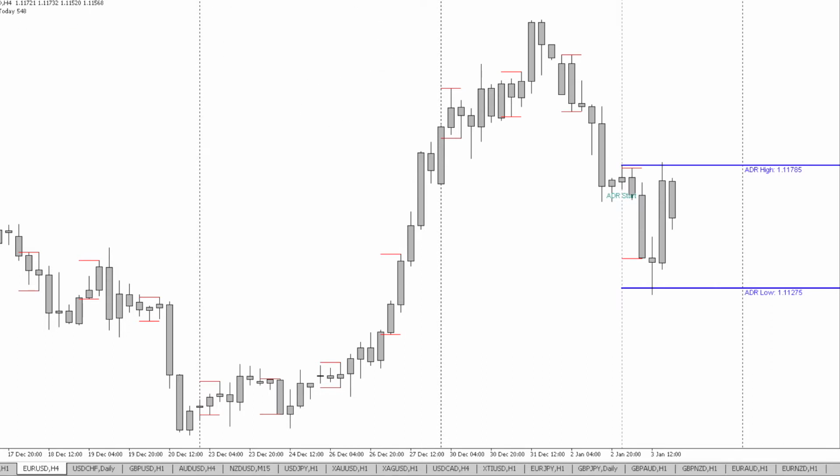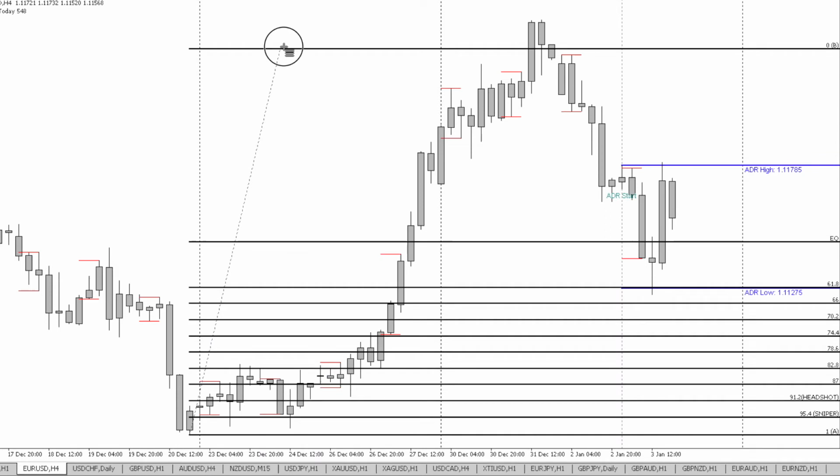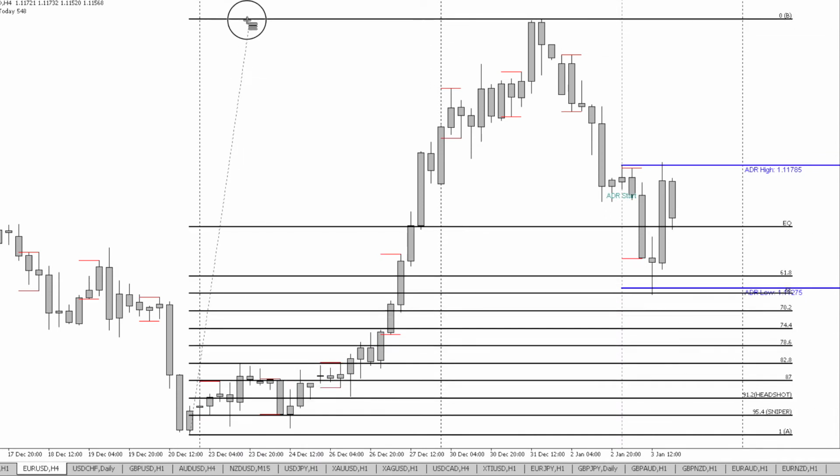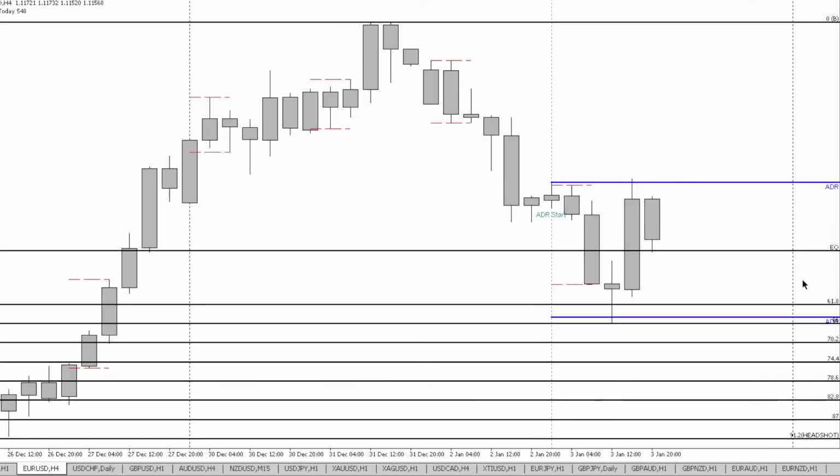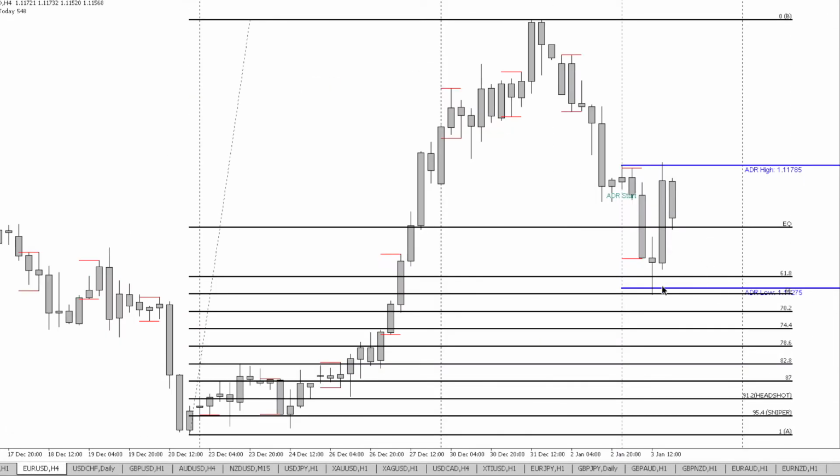When we go down into our 1 hour chart, or even here in our 4 hour chart, this is almost a perfect example of how I utilize it as part of my edge. If we see from our swing low up into our swing high, we can see the ADR low comes in right around our 61.8 and near our 66.